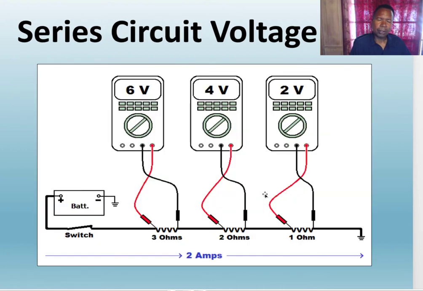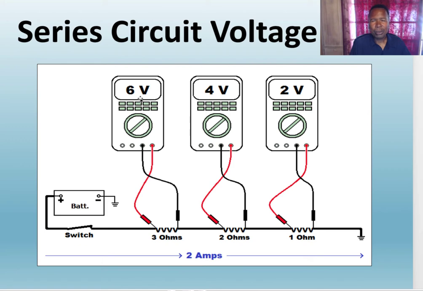Now this is a voltage drop. As we've seen earlier, it's 2 amps in this circuit. Remember, 3, 5, 6, 12 divided by 6 is 2 amps. Now, let's go through the first one. 2 amps times 3 ohms drops 6 volts.